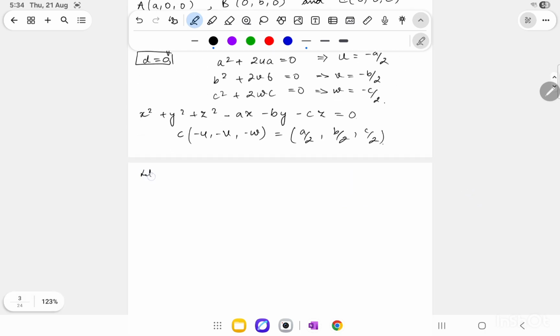So now let us assume x, y, z be the locus of the sphere. Then my x must be equal to a/2, y must be equal to b/2, and z must be equal to c/2.